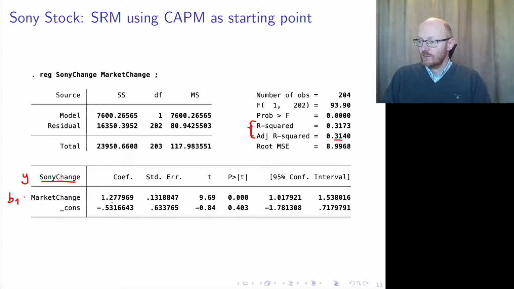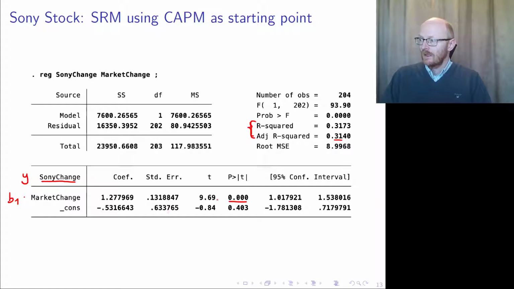And what you have is this B1 coefficient that would be the beta of Sony, that would be 1.27, and with a standard error of 0.13, which means that the Sony stock beta is significantly different from zero.